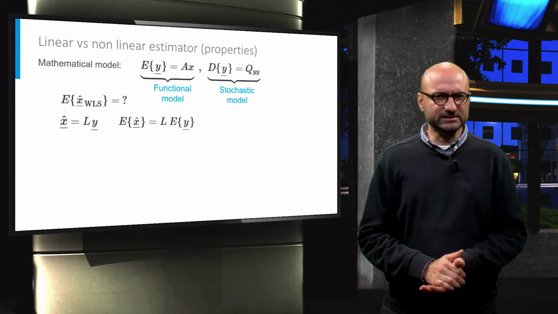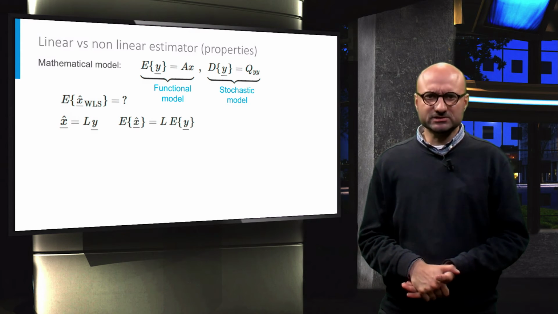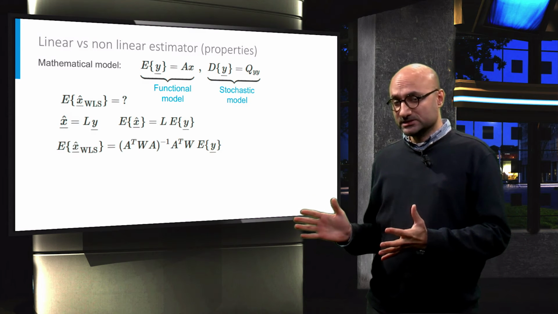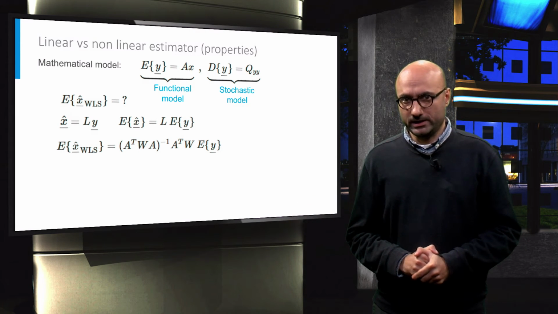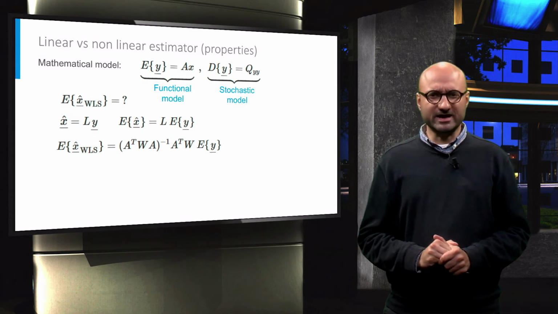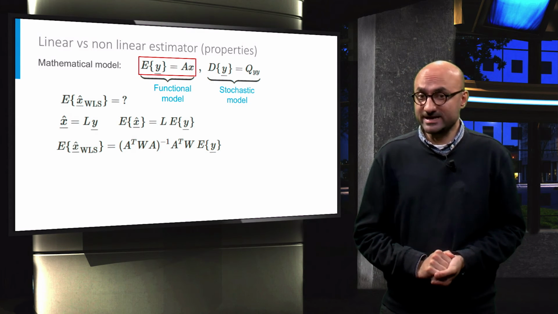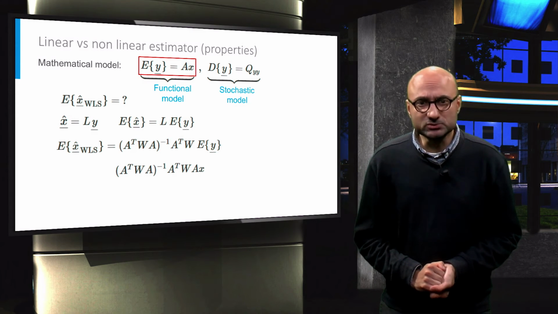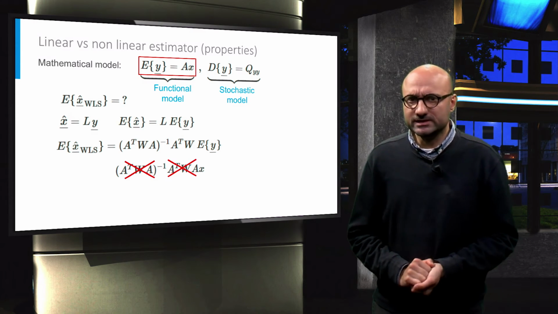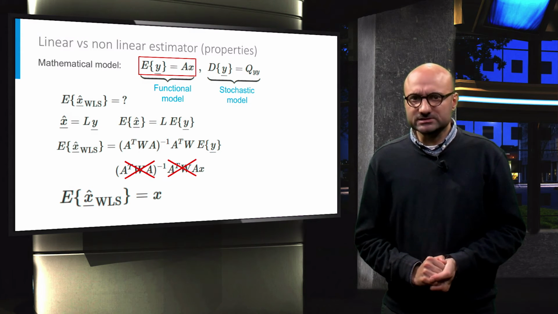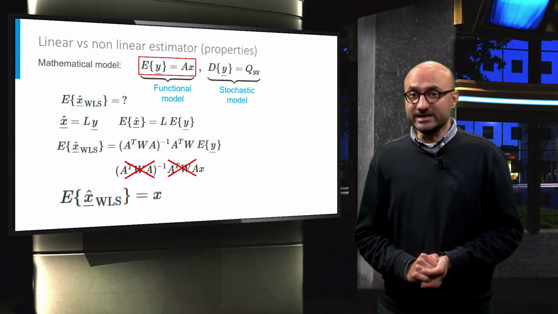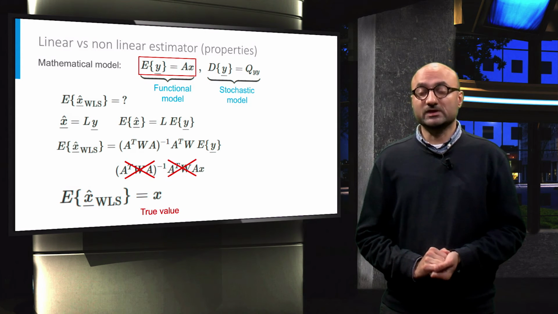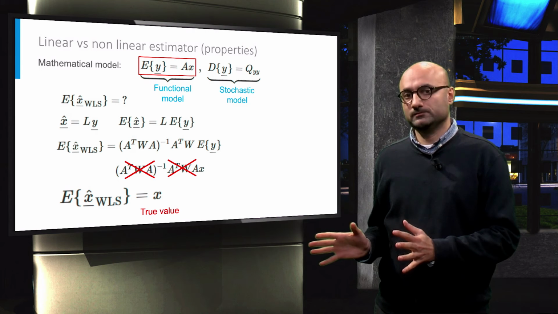In the case of weighted least squares, the expectation of the estimator can be written as the multiplication of this matrix to the expectation of y. From the functional model, we have the expectation of y equals Ax. Inserting this equation here, we can see that these two terms cancel each other out, and finally the expectation of x hat is equal to x, the unknown true value.